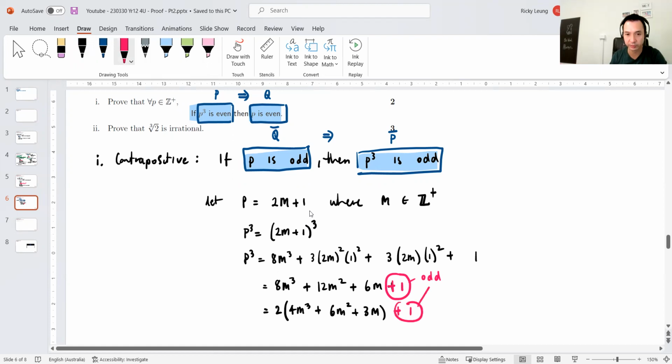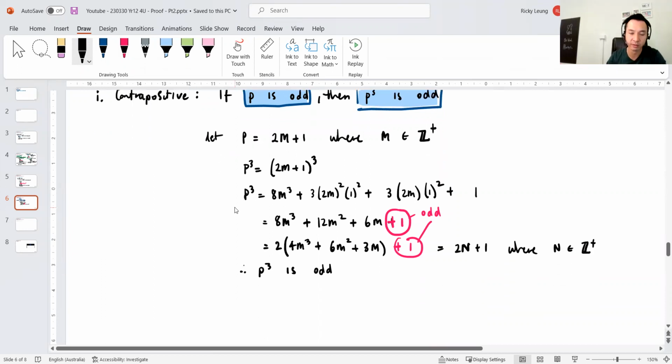Which makes it odd, right? Therefore, p cubed is odd, because you can say that that's like 2n plus 1, where n is also a positive integer. Then you've done it.